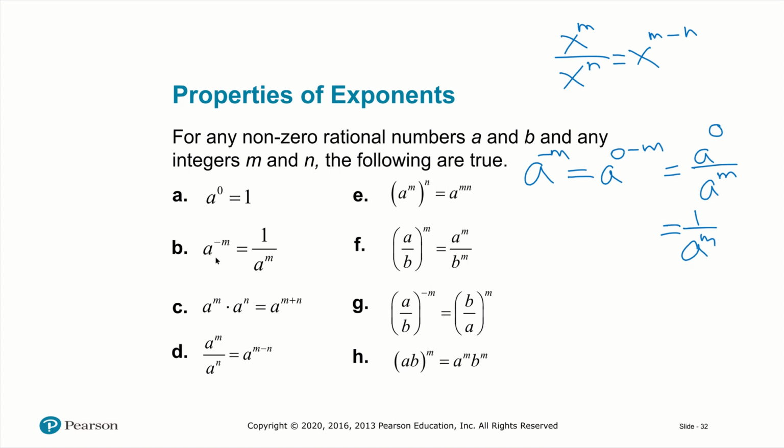You can also do this using patterns. That can be helpful as well. For example, we know that 2 to the 4 is 16. 2 cubed is 8. Notice that that's 1/2 of 16, right?